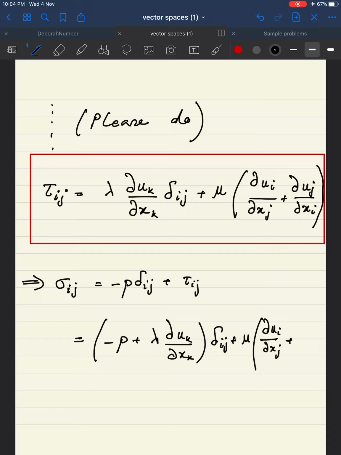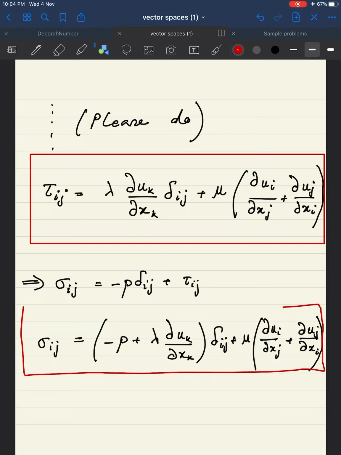Sorry, I'm just going to squeeze it, so I don't want to use another line. I'm just going to try and squeeze this last part here. Okay, I was able to do that. So sigma ij becomes this quantity. And this is the relationship that we have been after.